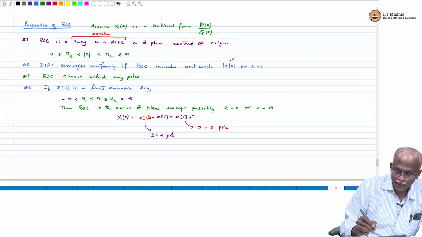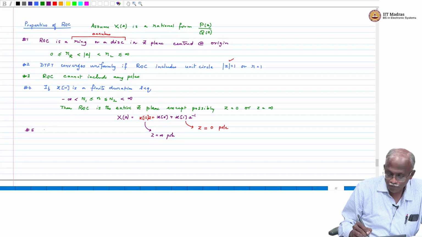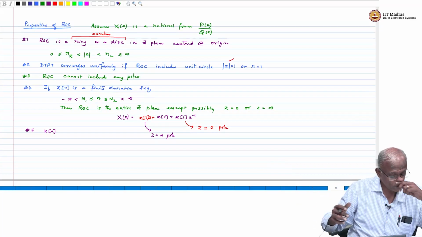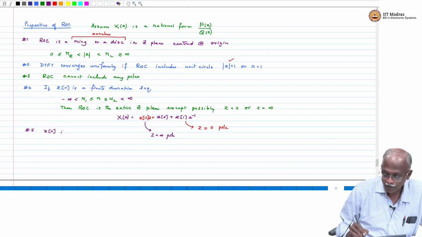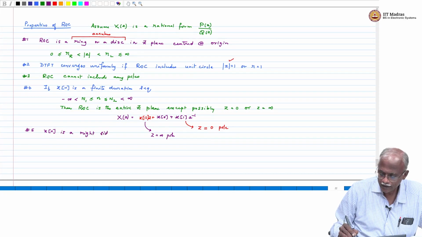Okay, now comes the important observations that we had made, but let us state them more formally. If x of n is a right-sided sequence, that means it starts at some integer and then goes all the way to infinity, including a causal sequence.